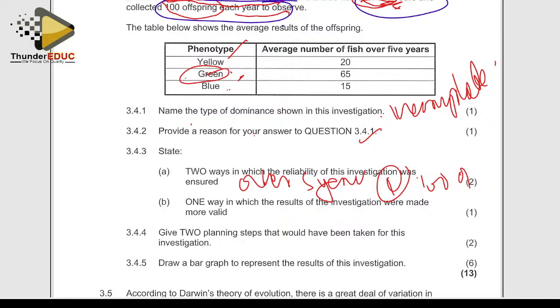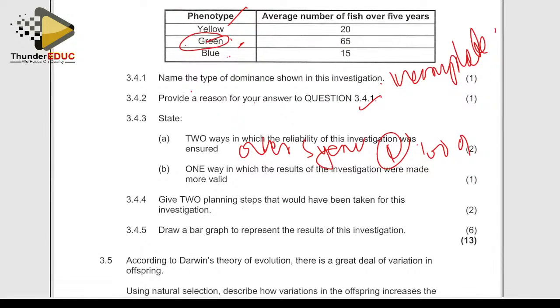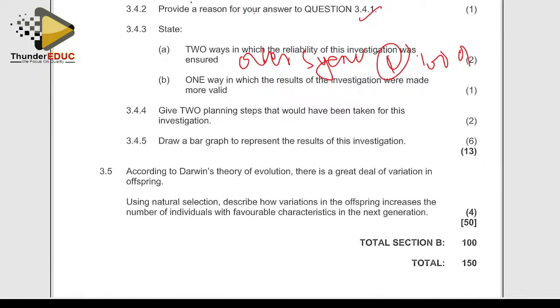Maybe also the workers who were supposed to be there, they had to train them. Is it allowed to just do the fishing without permission? So what did they put in place before the experiment was done? So bar graph represents this one.